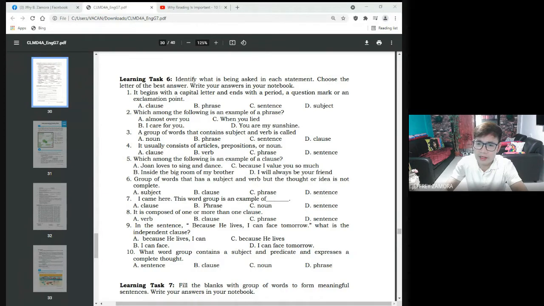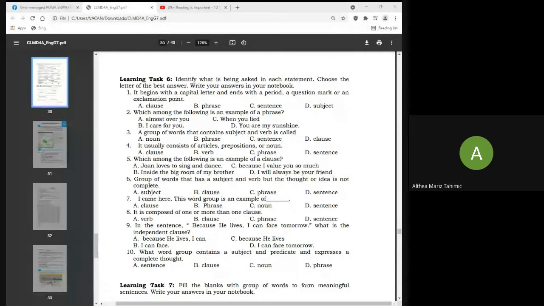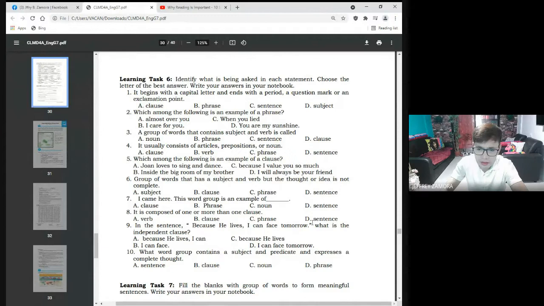Althea, number 9. In the sentence, because he lives, I can face tomorrow, what is the independent clause?